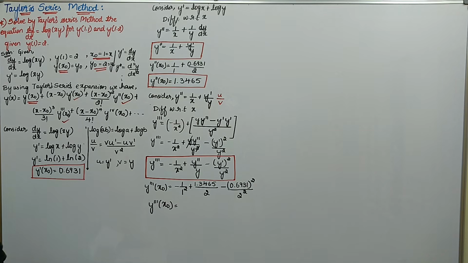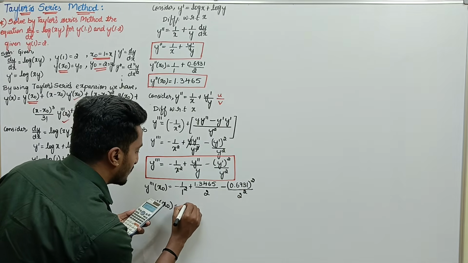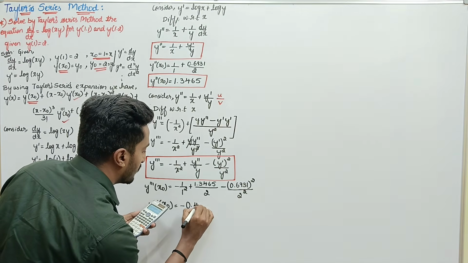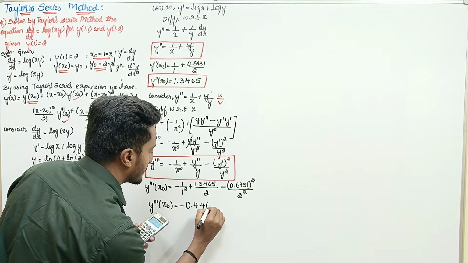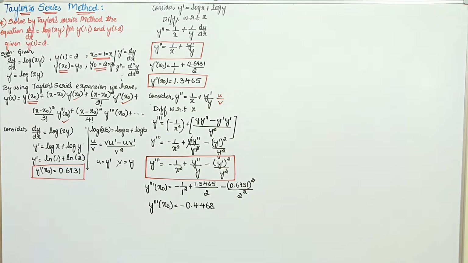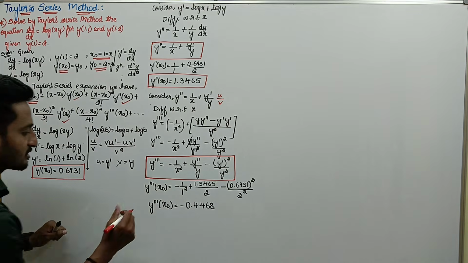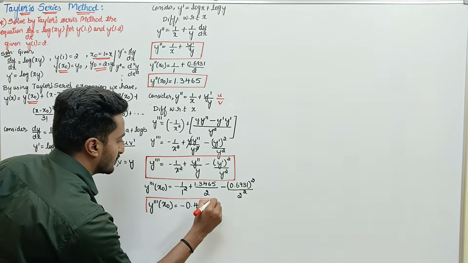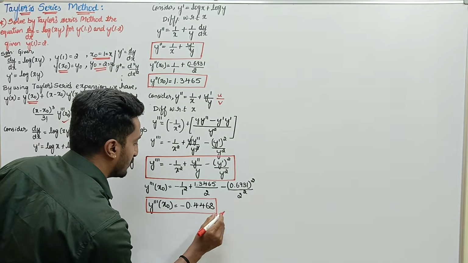You get minus 0.4468. This is the value of y triple dash of x naught.